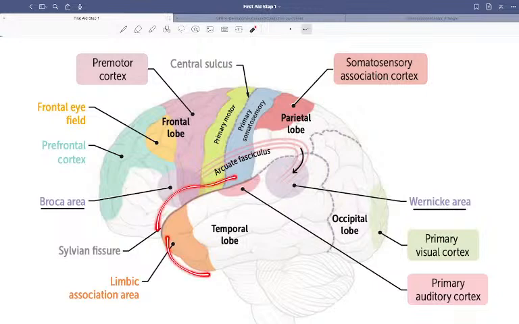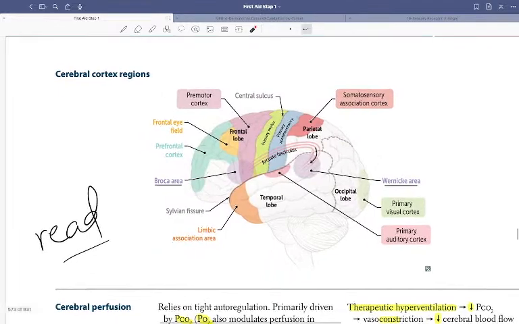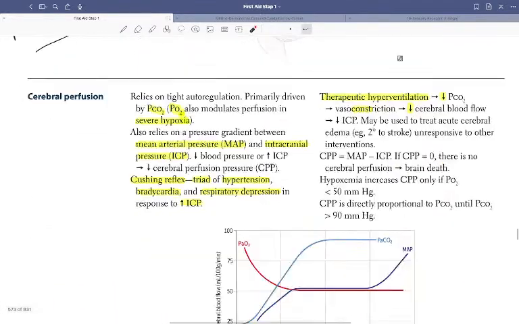Sylvian fissure is this. Limbic system is this. Wernicke's area is obviously very important. Broca's area is very important, and the most important thing is Broca's is inferior frontal, while Wernicke's is superior temporal. The arcuate fasciculus connects the two, and so on and so forth.